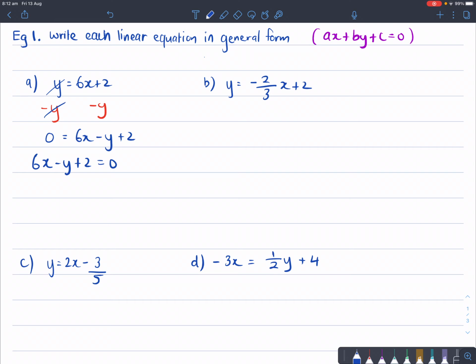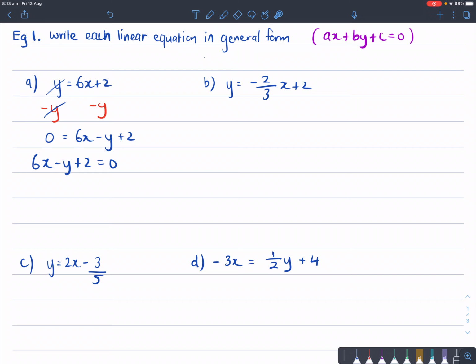Question B is a little bit more difficult. The first thing you'll notice is that the coefficient of x here is negative 2/3. First of all, it's negative, so I don't like this term being on this side of the equation, because it will be negative, and we want it to be positive. So we want to move this term to the other side.